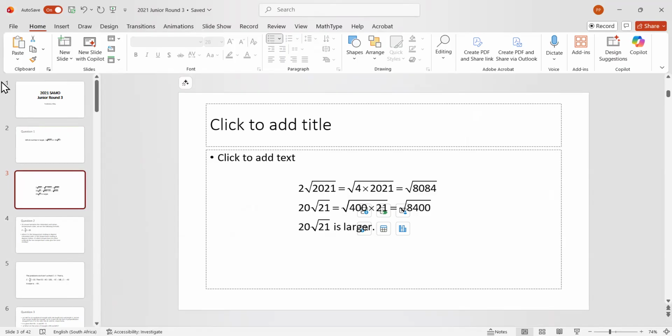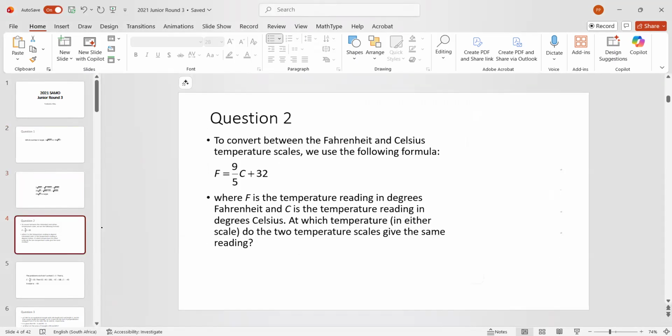The second problem states the following: to convert Fahrenheit and Celsius temperature scales, we use the following formula. In South Africa, we use the centigrade formula, but before that, we used to use the Fahrenheit.